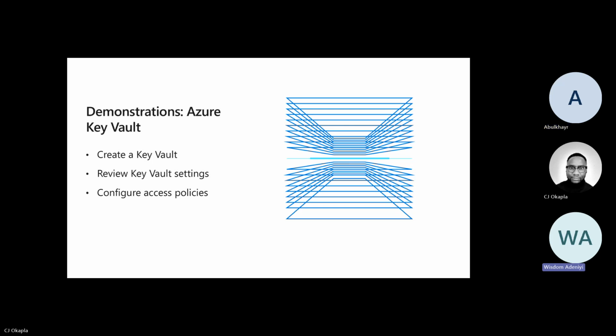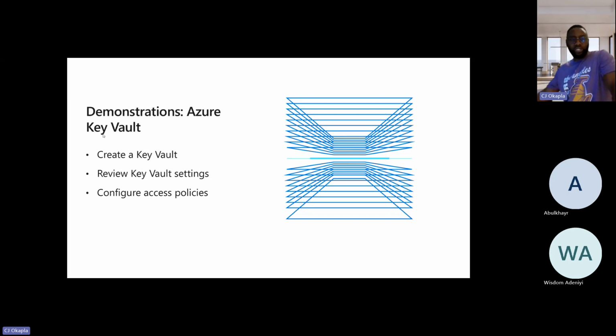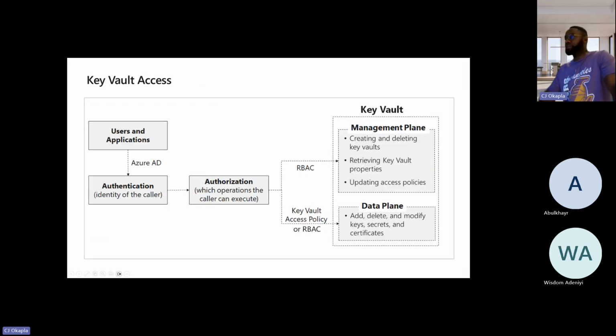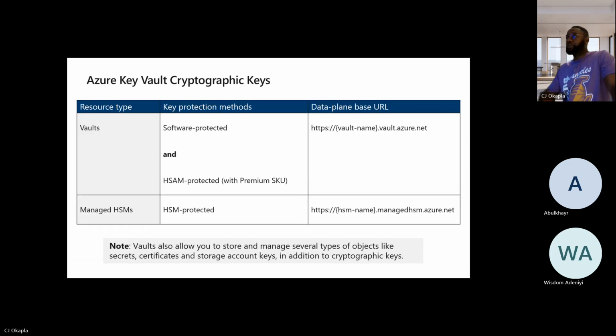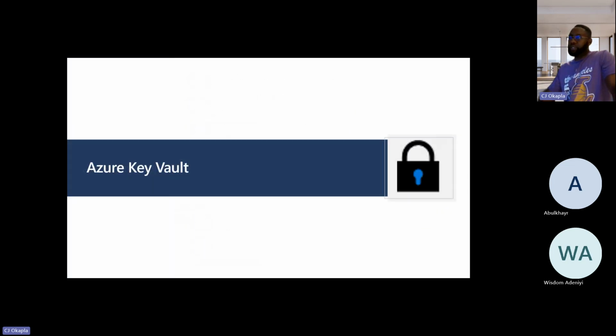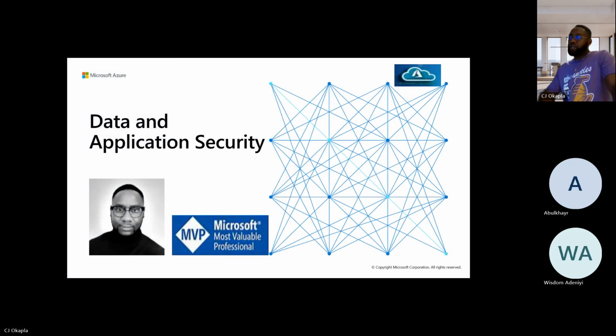Okay, thank you. So, a bit of a recap. We're talking about Azure keywords, data protection and security. How do you protect data, for instance? You have data in Azure stored.